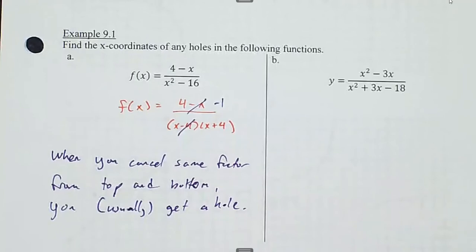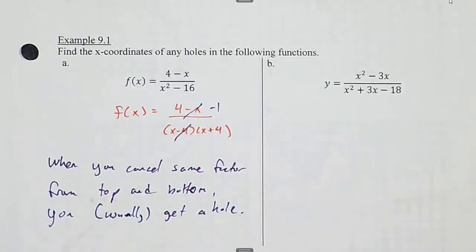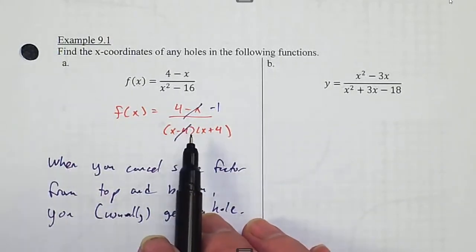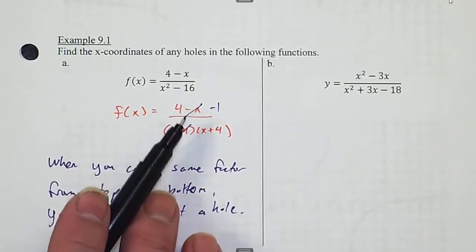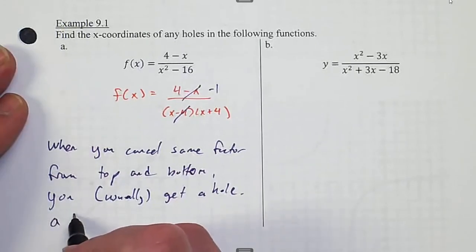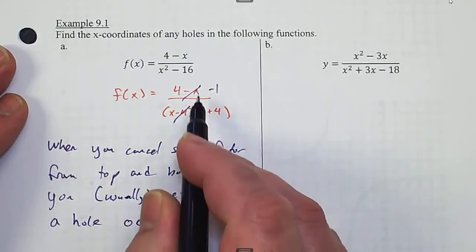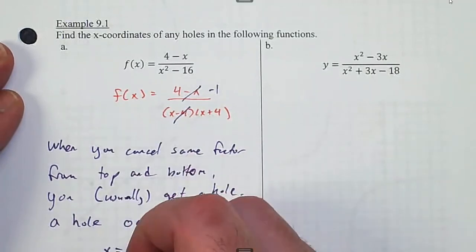For now, I'm trying to keep things simple, so I'm keeping it to where every time we cancel, that is the x-coordinate of a hole. But I do want to tell you there is a case where that doesn't happen. If I had another x minus 4 in the denominator, then it would not be a hole. But because I'm canceling 4 minus x and x minus 4, there is going to be a hole at the 0 of that factor. And the 0 of x minus 4 is 4.